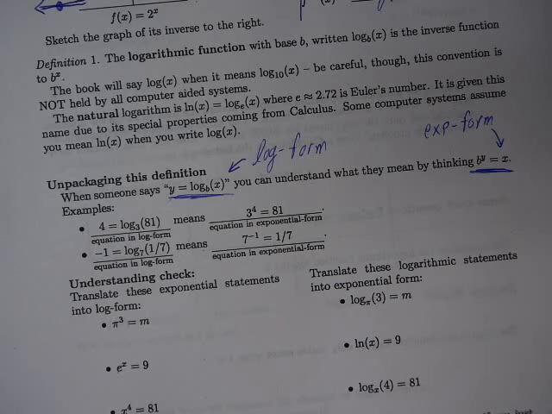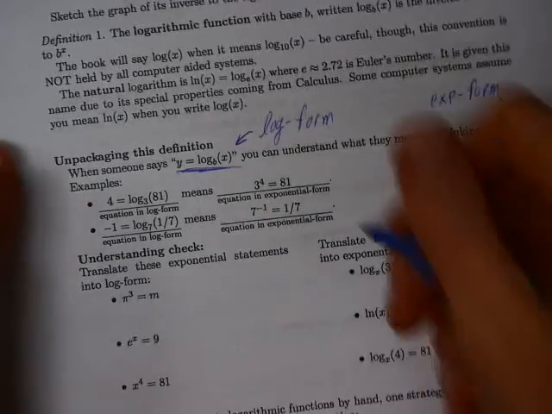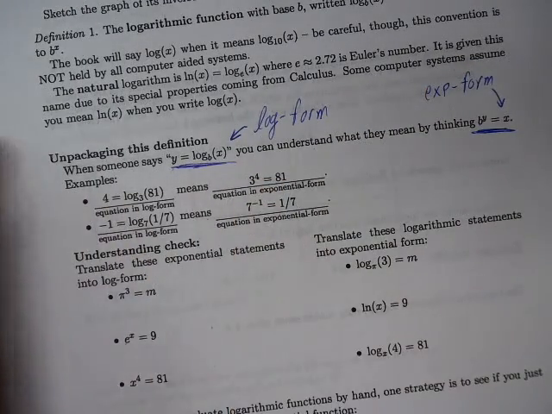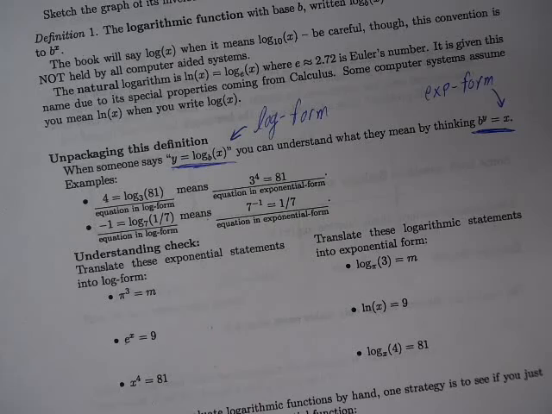When someone says negative 1 is the same as the log base 7 of 1/7, what they're saying is 7 to the power negative 1 is equal to 1/7. And is it? Yeah. Going back and forth between those two ways of writing logarithmic equations can often be useful.